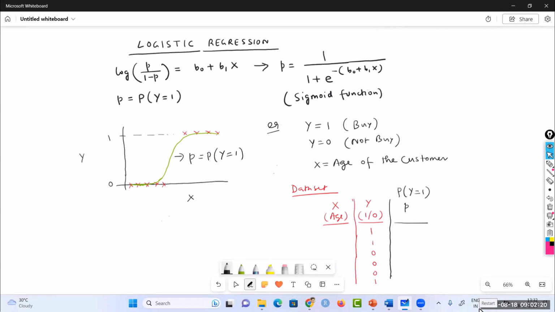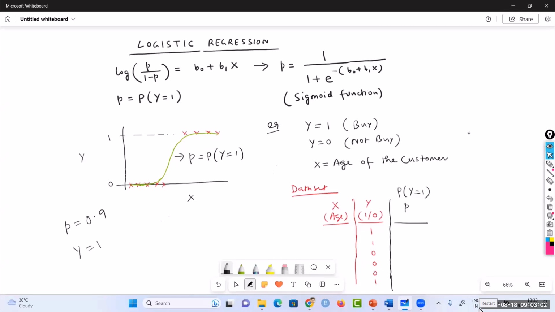I'll get probability values which lie between 0 and 1. What may happen is that if my probability value is very high, let's say 0.9, then my logistic regression model is close to predicting 1. That means the model is telling that the customer will buy that particular magazine. So y equals 1.